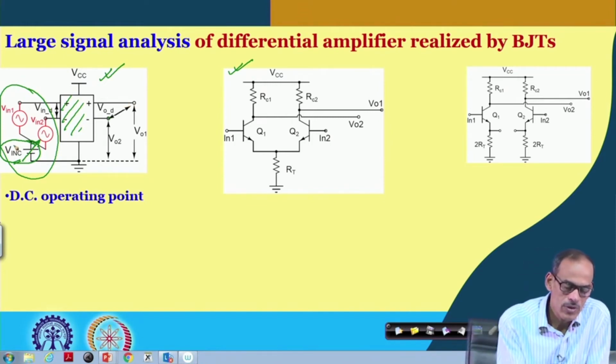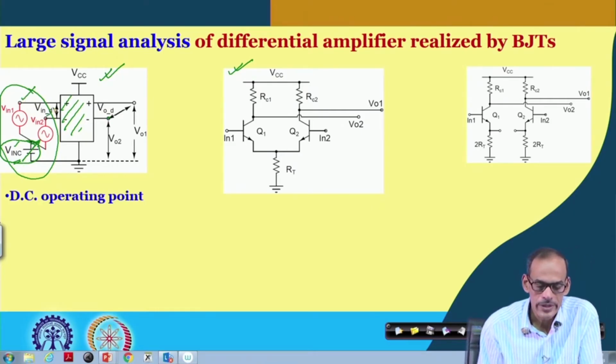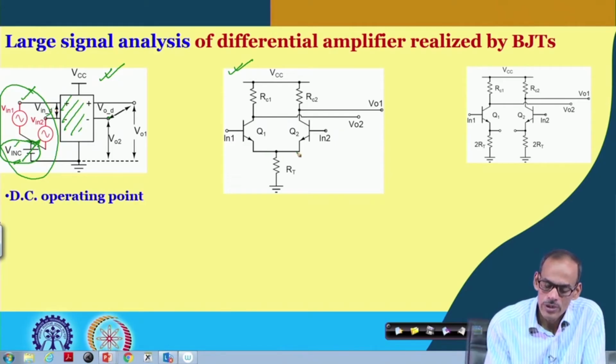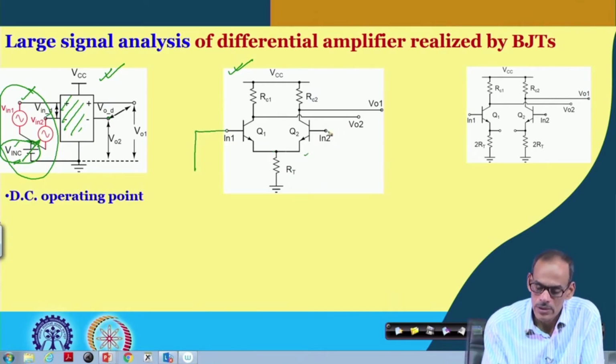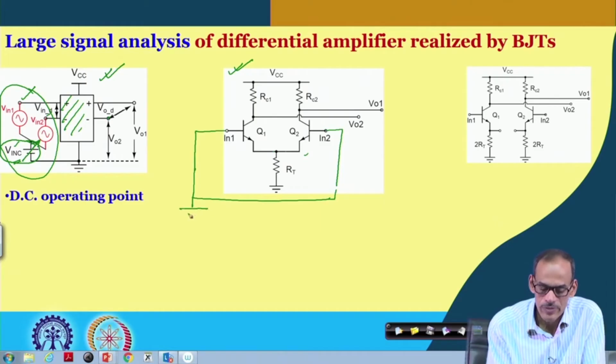Now, since this DC voltage is applied to both the input terminals, to understand this circuit operation, we do not require to split this circuit. In fact, we can keep the circuit like this, and at both the inputs we shall apply a DC voltage called V in C, and then we can observe the corresponding DC voltage here and DC voltage here.